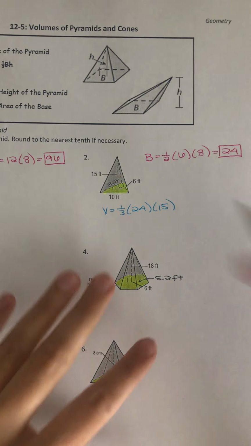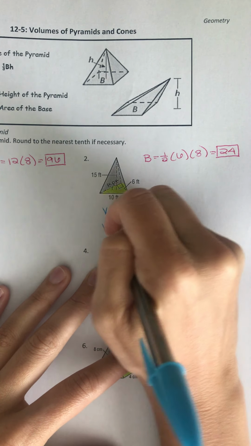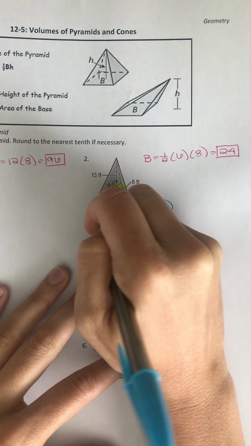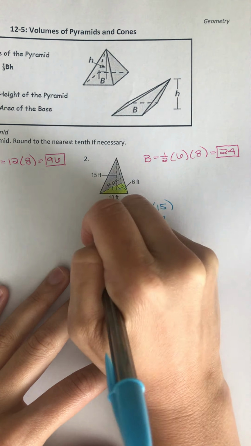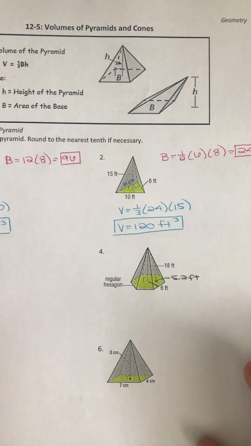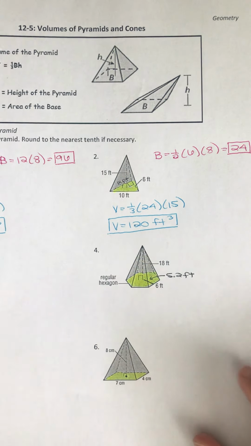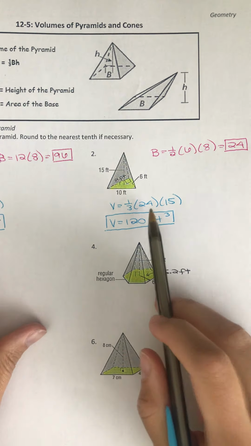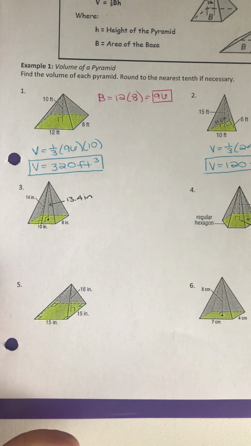Oops, 120 feet cubed. So if you notice these problems, the pink part is from chapter 11. We've already found the area of a flat surface. This blue part is just taking that and plugging it into our formula.